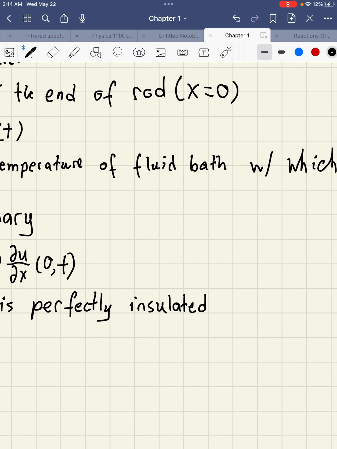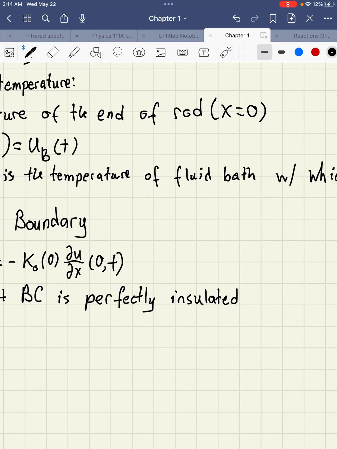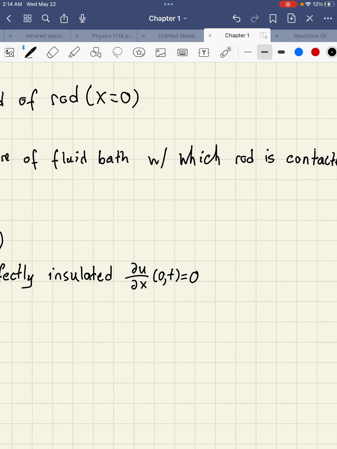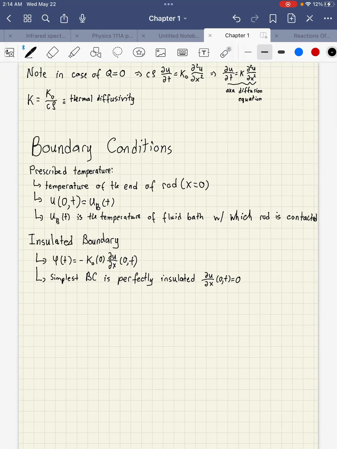Perfectly insulated means that there's no heat flow across the boundary. So I can say at that position, partial U, partial X, at 0, t, at that given time, is equal to 0. So there's no heat flow. It's perfectly insulated.